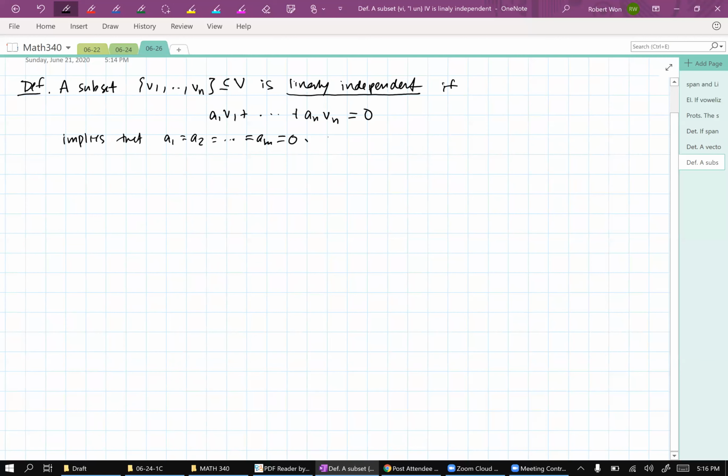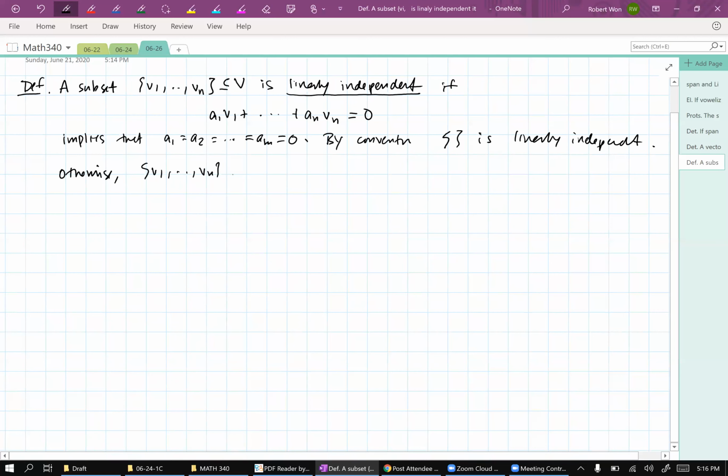Okay. By convention, again, just for edge cases, the empty set is linearly independent. Otherwise, we say that the set V1 through Vn is linearly dependent.